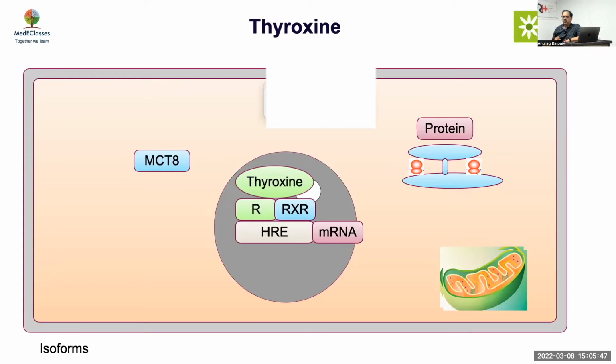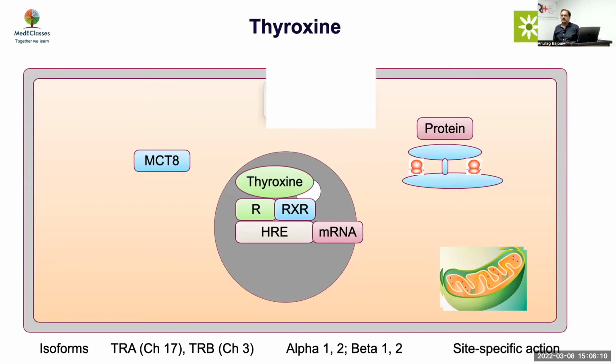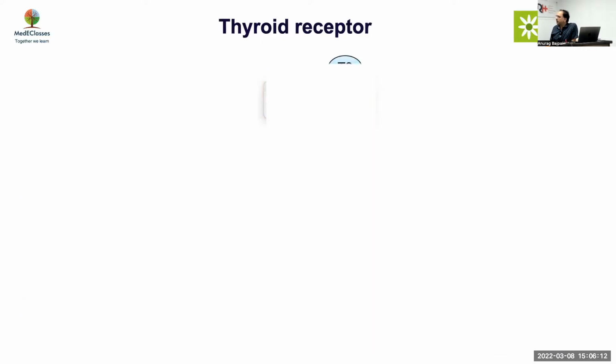For thyroxine, however, we have different isoforms which depend upon the tissues. There are 2 specific genes, TRA, which codes for alpha, and TRB, which codes for beta. Based upon that, you've got different isoforms which will work, and we'll see how they act differently. Different tissues will have significant factors in that regard, which will allow site-specific action. Now, the thyroid receptor, as Sayan has said, is basically a nuclear receptor.